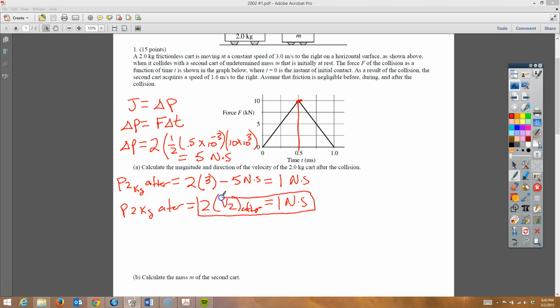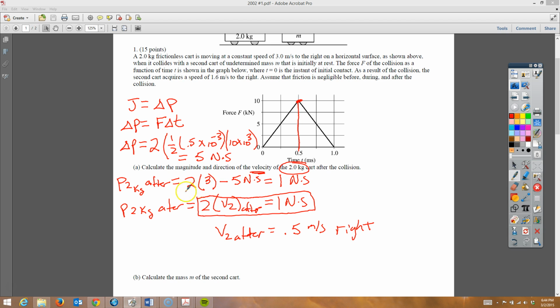We want to find the magnitude and direction of the velocity of the 2 kilogram cart. So the velocity of the 2 kilogram cart after the collision is equal to 0.5 meters per second. And it's also to the right because it is still a positive number.